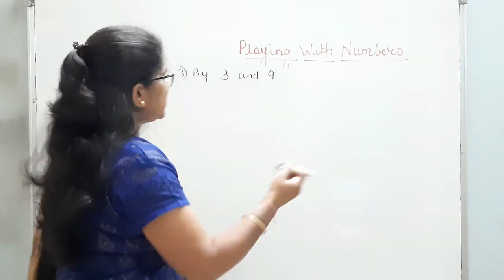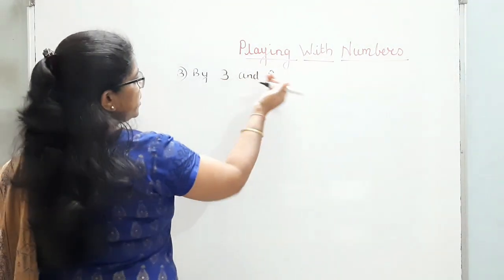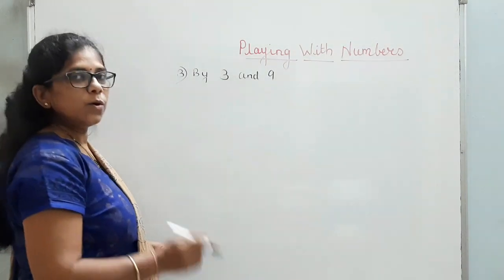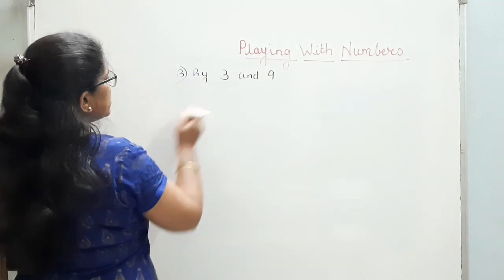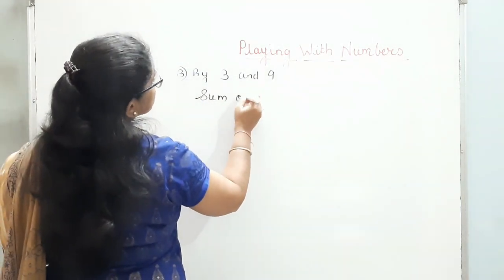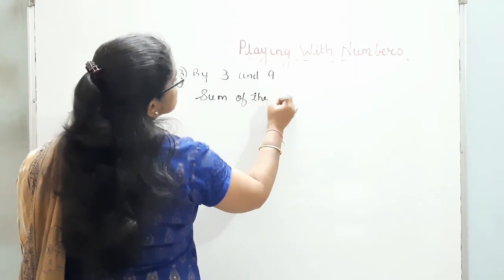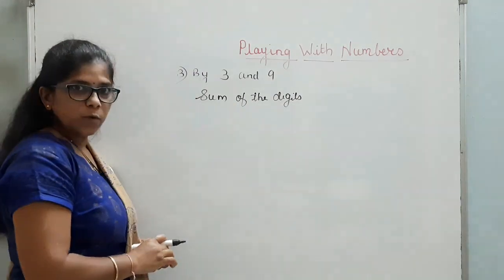Let us come to the next test, to check whether the number is divisible by 3 or 9. For 3 and 9 there is the same rule. What we have to do here is just find the sum of the digits. Whatever number is given to you, you have to find the sum of the digits.